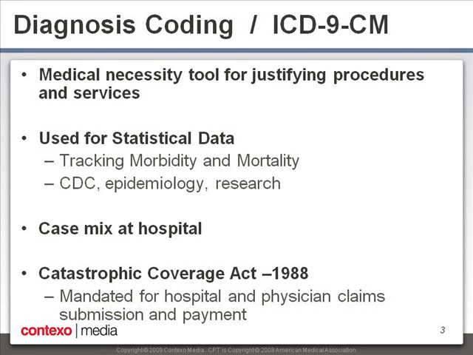Case mix at the hospital tells us what kind of services are provided to patients based on their diagnosis. And of course, when the Catastrophic Coverage Act of 1988 went into effect, it mandated that all of the healthcare industry utilize ICD-9 in the reporting of physician claims processes.